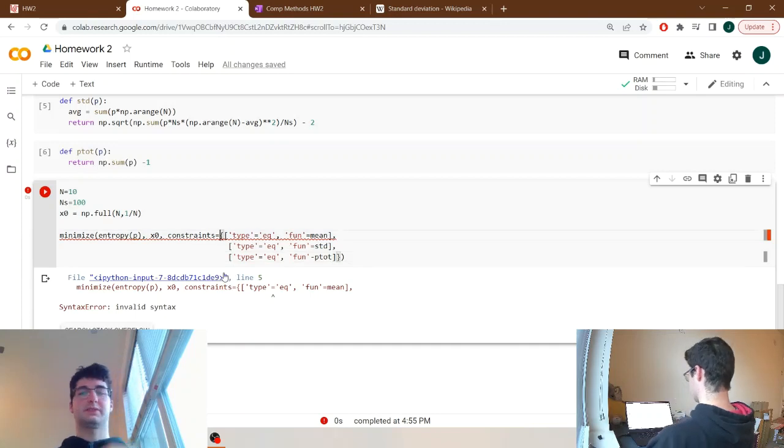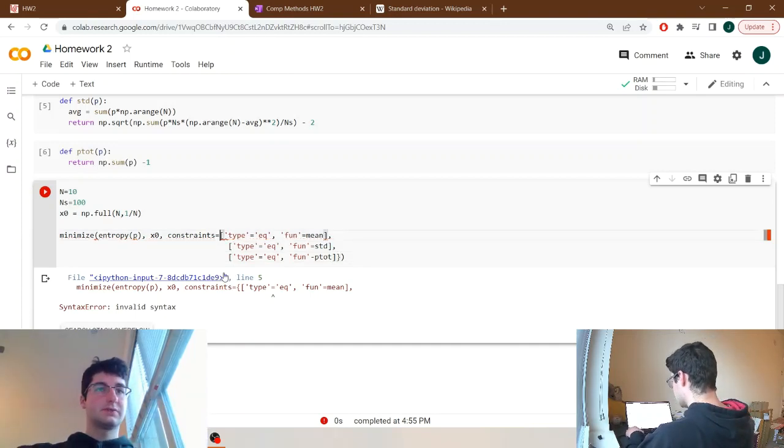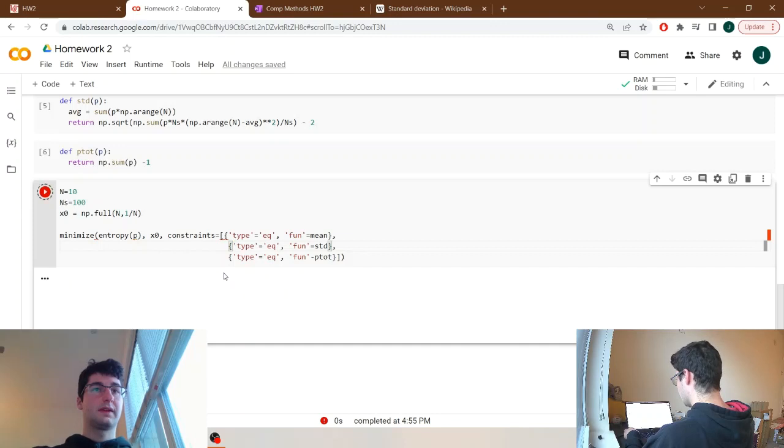Maybe I set up this dictionary wrong. So let's do normal bracket followed by the curly bracket. Change all these to curly guys. Now is it going to read those?